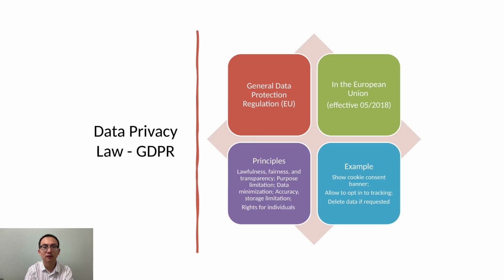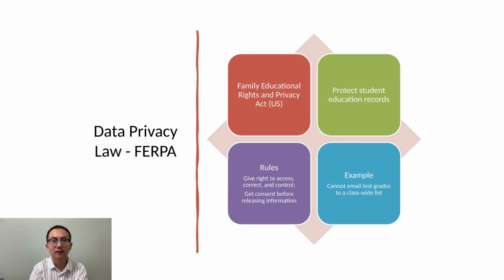Here's an example. Say a US-based website is visited by people from the European Union. Under GDPR, the site must display a cookie consent banner, allow users to opt in, and honor requests to delete their personal data. Next is the Family Educational Rights and Privacy Act, US, or FERPA, a US law that protects students' educational records.